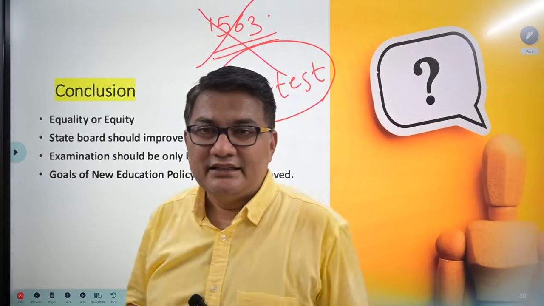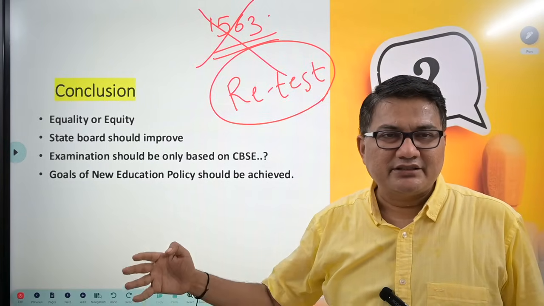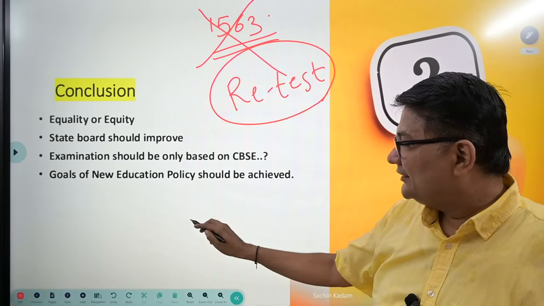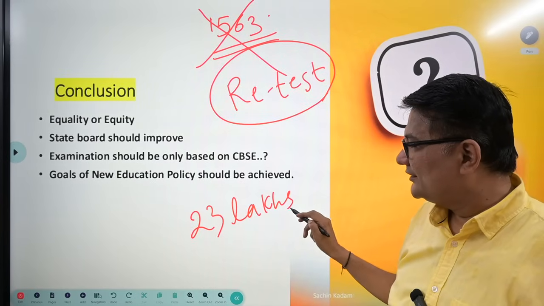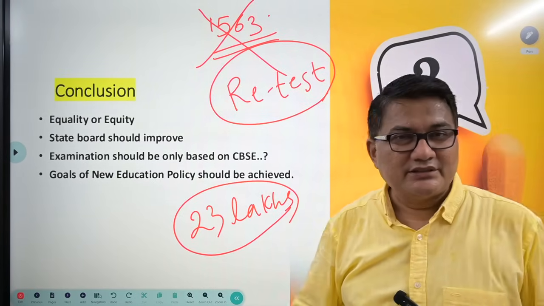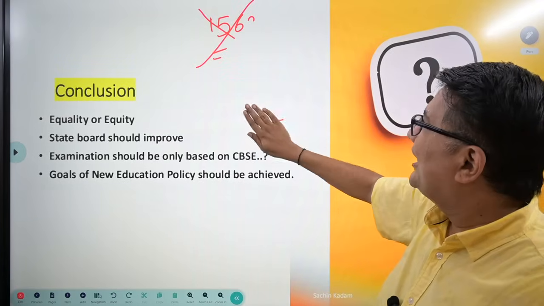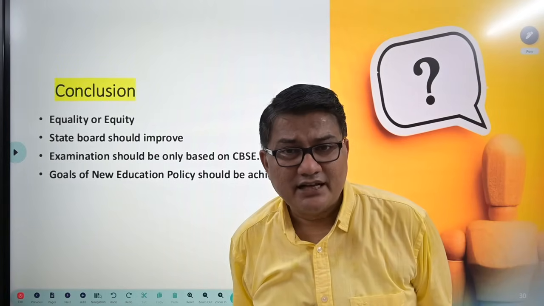And that's the reason there's a need for a thorough investigation in this particular matter, because this examination is given by more than 23 lakh students. So don't you think when so many students are appearing for an examination, and if something like this is happening, it affects them? Then comes the last part.